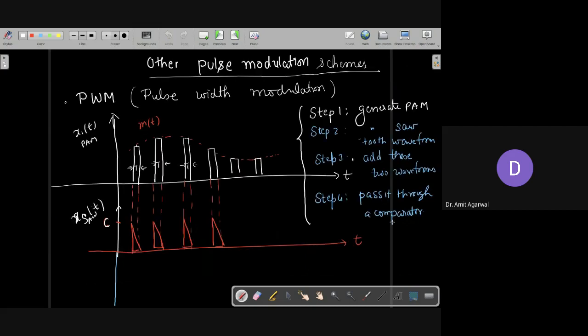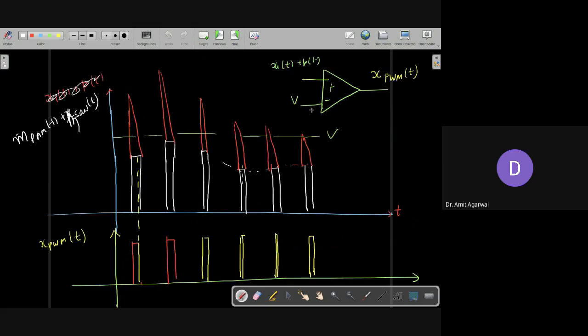ठीक है. अब बताओ, the next step is to pass it through a comparator. So it's a four-step process if you want to generate a pulse modulation scheme. You pass it through a comparator, and here we provide V. Whenever the input to this is greater than V, it will give you 1, and if it is less than V, it gives 0.